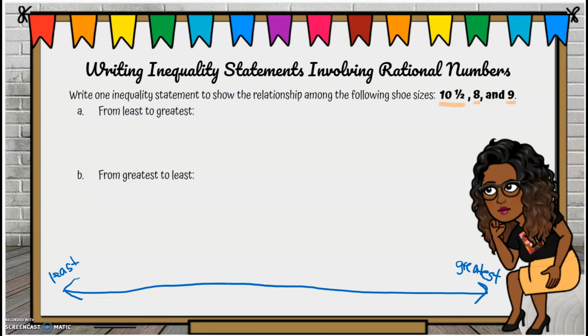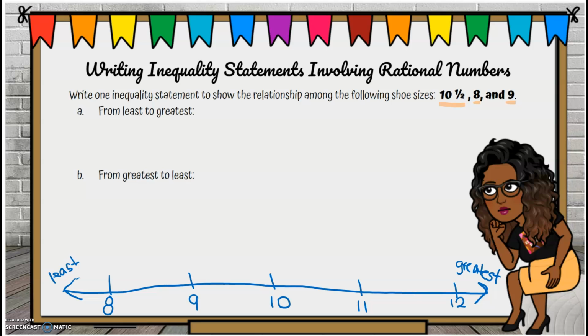Since my set of numbers are between 8 and 10.5, and they're all positive, I can just label my number line from 8 to 11. So 8, 9, 10, 11. Since I have space, I'll add 12 also.